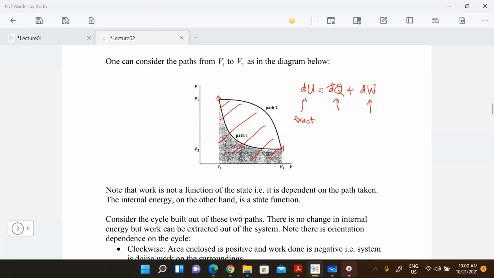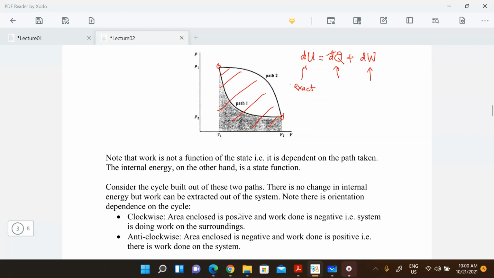So take for example going through this loop. If I were to take this path clockwise, so nowadays you don't have a mechanical clock, you always have a digital clock, you probably forget what is clockwise. Clockwise is going from here to there.